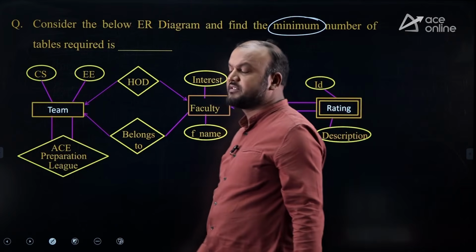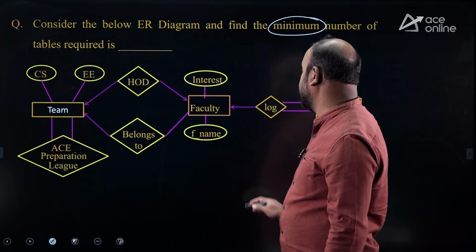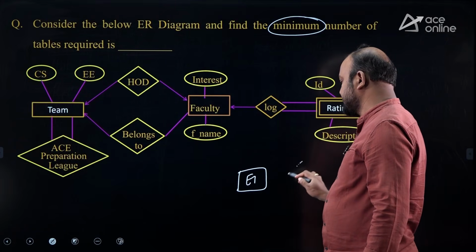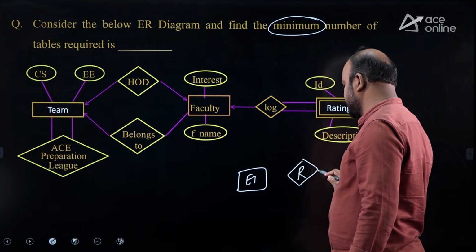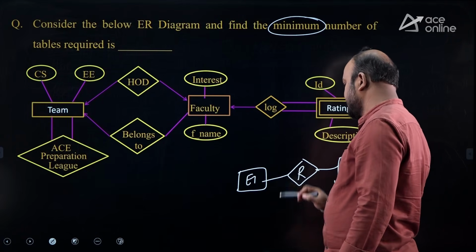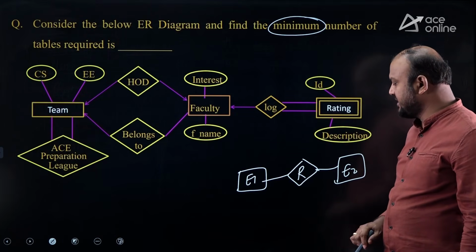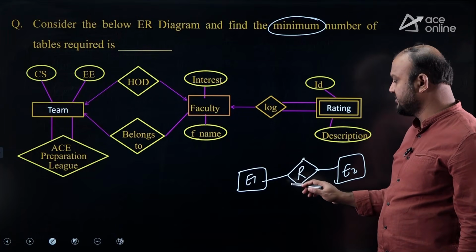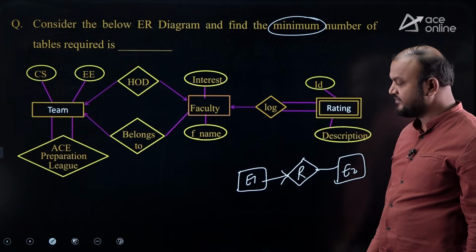How do you do this? One point I have explained during the live session also: E1 relation with E2. If E1 is a key to E2, we have placed an arrow here.